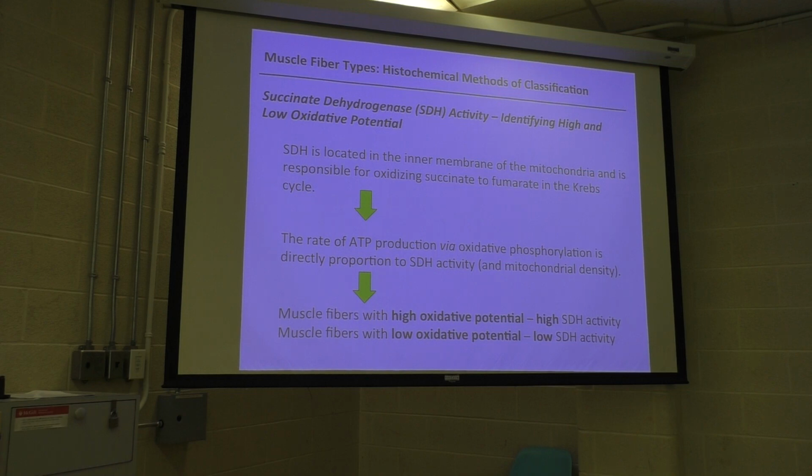Because they're oxidative fibers, so you need a lot of energy. So these fibers have high oxidative potential. If you look for these, they're going to have a lot of SDH activity. So these things together will help you make a profile, like in a cross section, of which fibers are fast and which ones are slow.